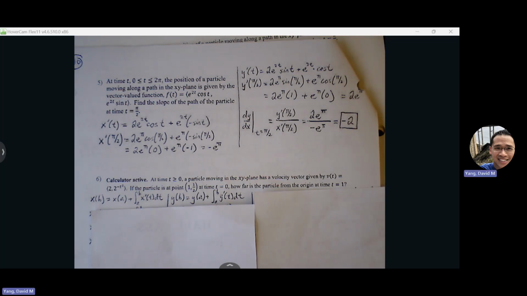All right, number 6, we have a velocity vector provided. We have also a given point provided as well. So it wants to know how far the particle is going to end up from the origin at time t equals 1. So let's figure out the location at t equals 1.